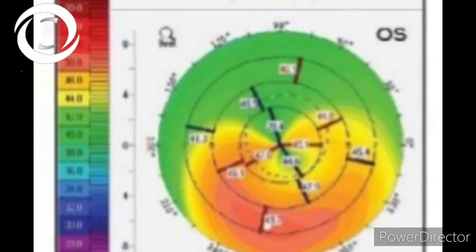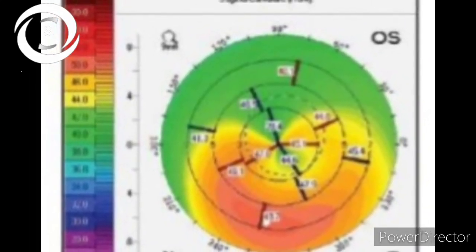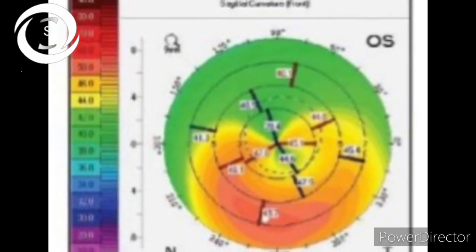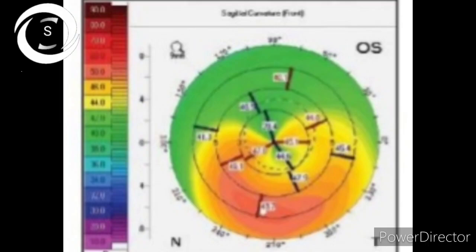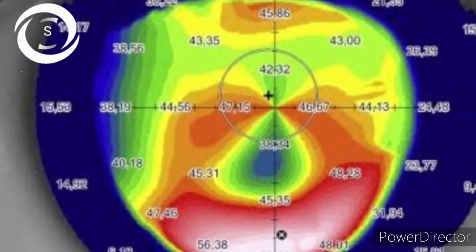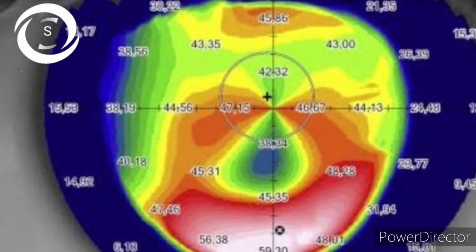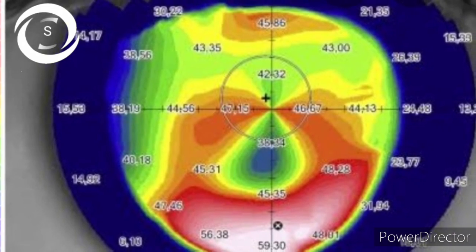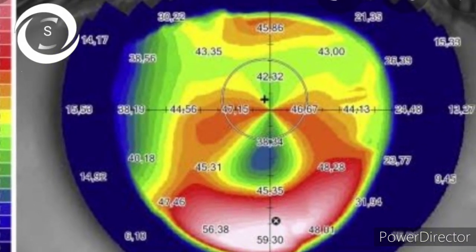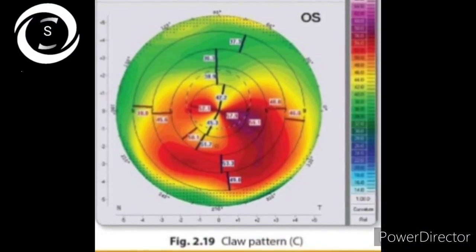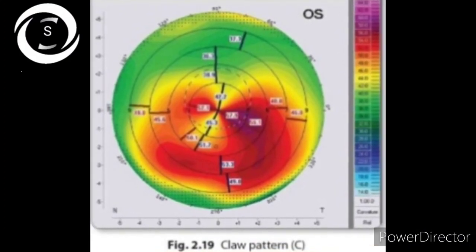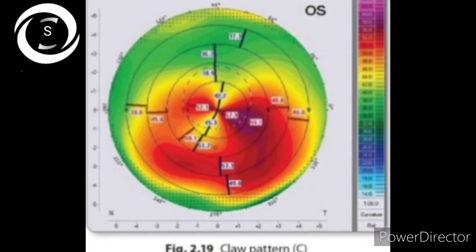When it progresses, it involves more inferior cornea, inferior steepening, orange becomes red, and you can see a bent bow tie pattern. Now here again pellucid marginal degeneration shows a pigeon or bird kissing pattern. Again a more advanced claw pattern is shown in this pellucid marginal degeneration.